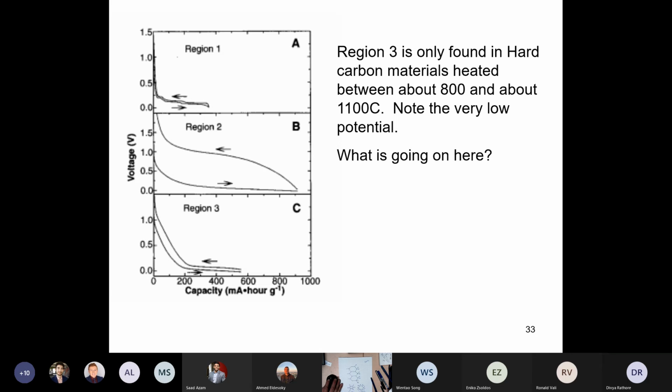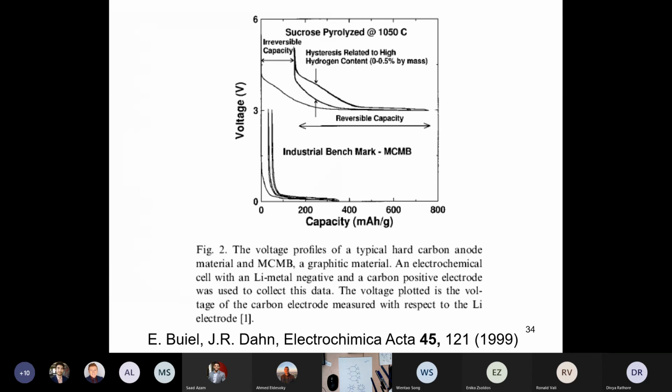So what's going on here? This is a graph from one of Ed Buell's papers. Ed was a PhD student in the group back in the late 90s, I guess.